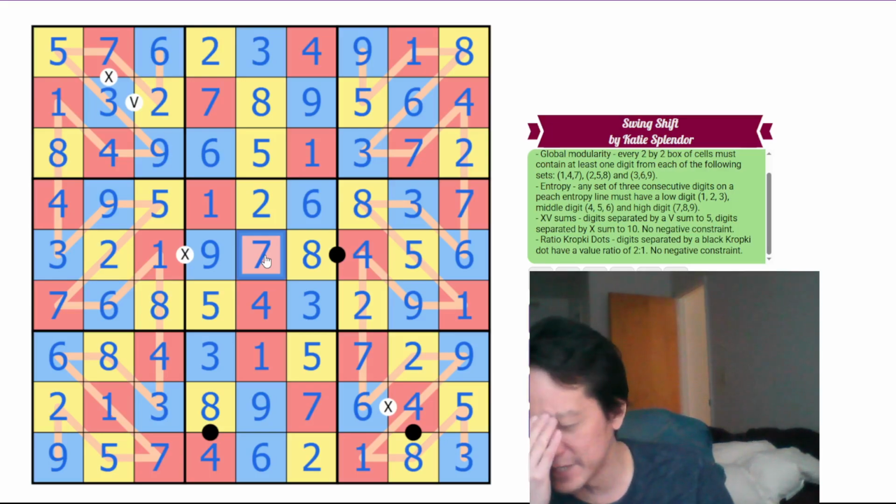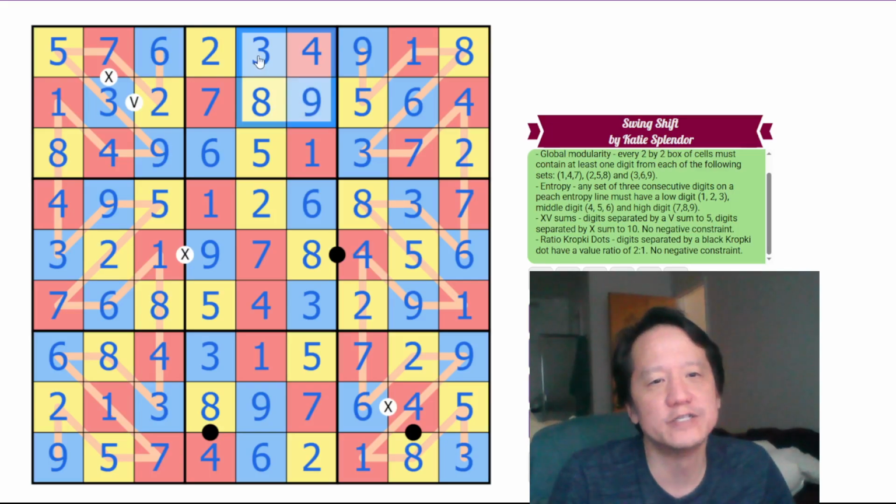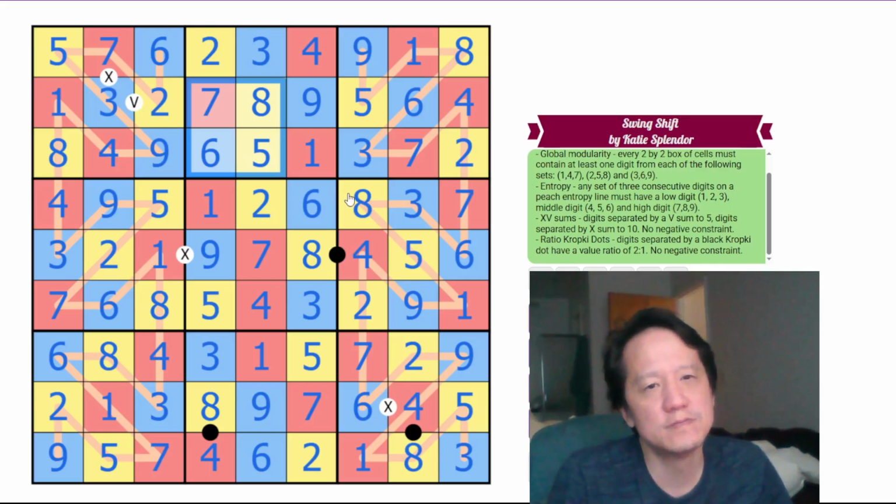Sorry, I'm not making much sense, but basically I like this way of using global modularity to essentially differentiate things, instead of actually using that as the crux of the solution of having to try to solve the puzzle.